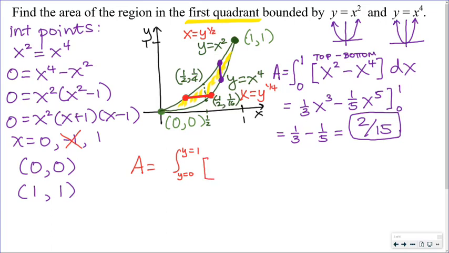So that is y to the 1/4 minus y to the 1/2. Again, that is the right x value minus the left x value.